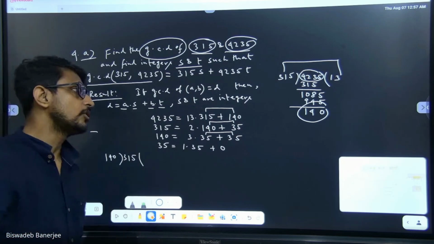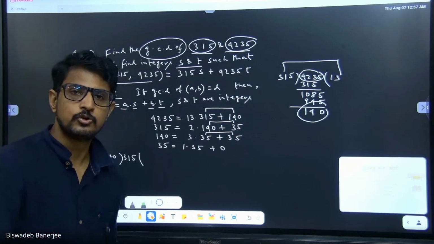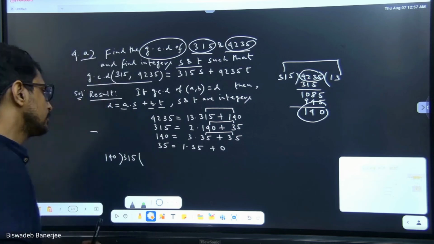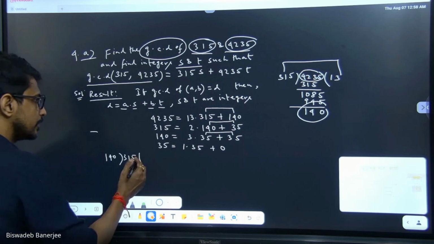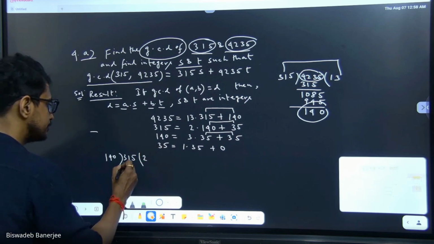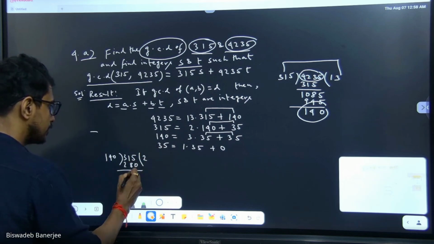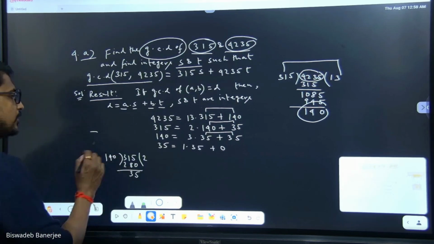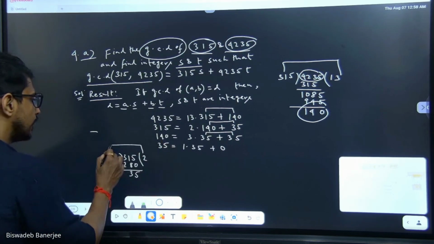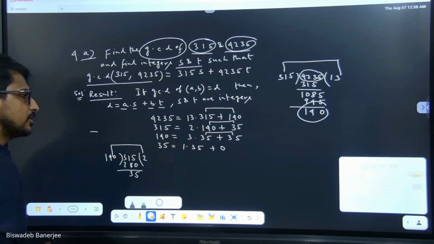If you want to join, you can use the phone number given in the description box. So how can you write 315 as a multiple of 140? 2 into 140 is 280, then the remainder is 35. So 315 can be written as 2 into 140 plus 35.